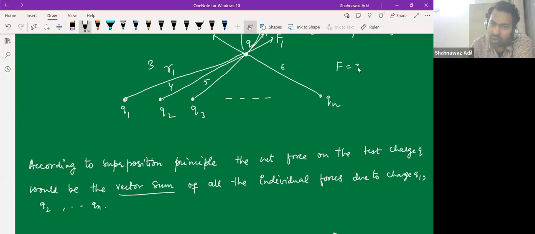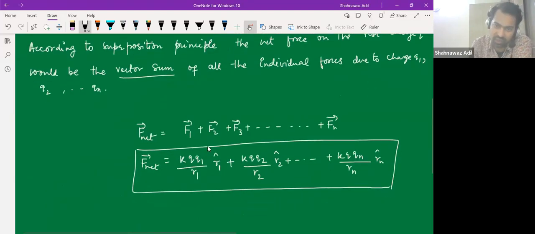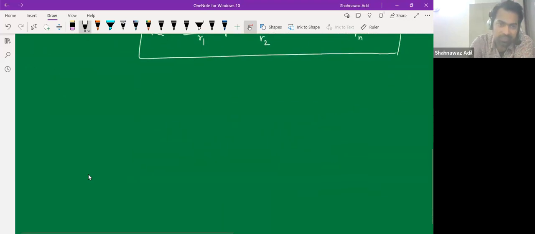The force would not be 3 plus 4 plus 5 plus 6, because that is the algebraic sum. The force would be the vector sum. The direction would also be important. So let us recap vectors and vector properties.